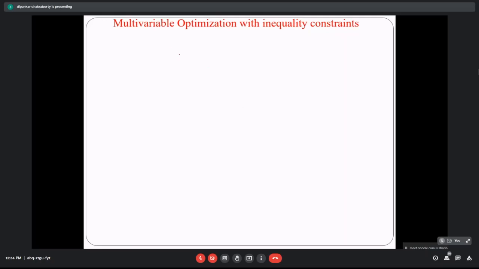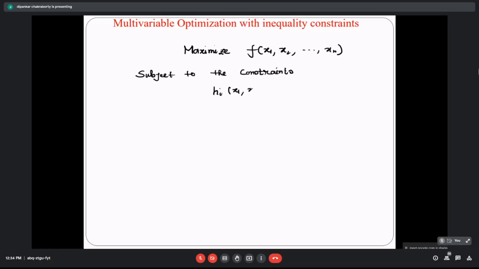It will look like this: maximize a function of n variables, f of x1, x2, ..., xn, subject to the constraints h_i of x1, x2, ..., xn less than or equal to b_i, where i is equal to 1 to n.